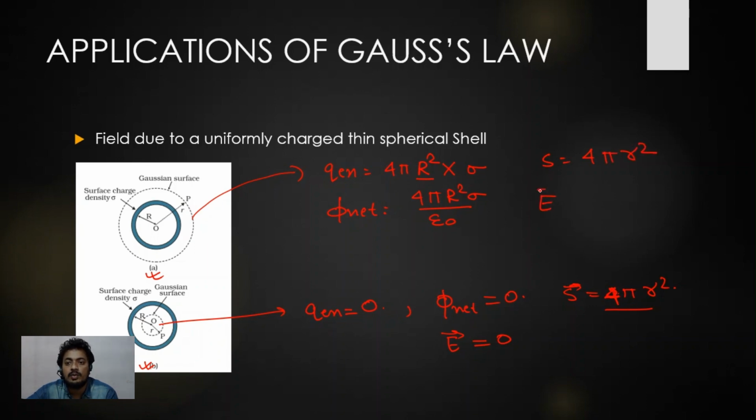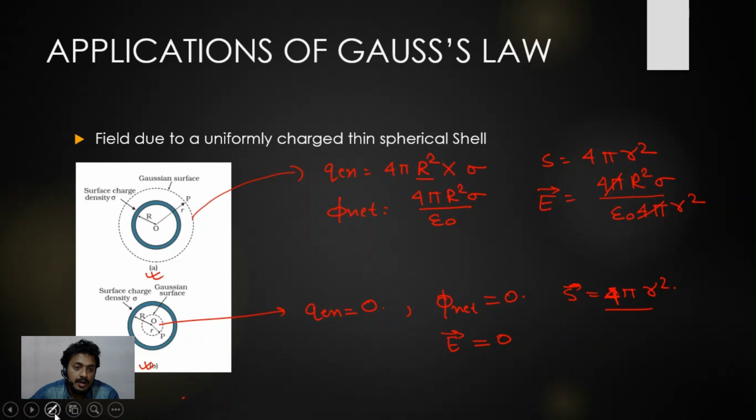So the electric field will be flux divided by area, which gives 4 pi R square sigma divided by epsilon, and the total area, which is 4 pi r square. So this will be cancelled out.